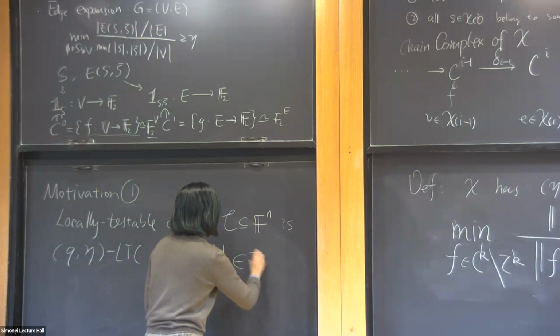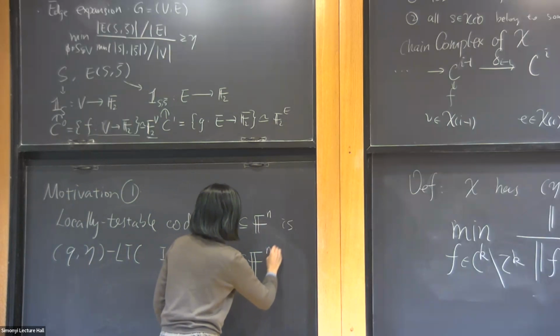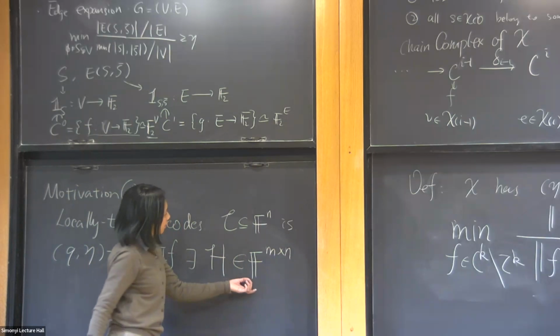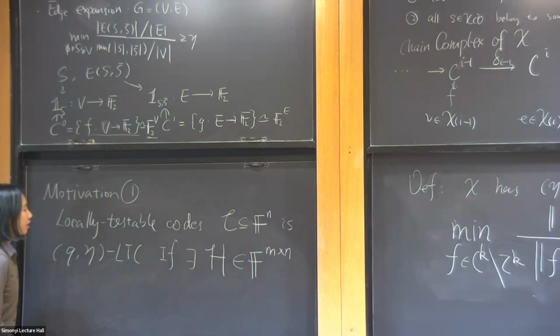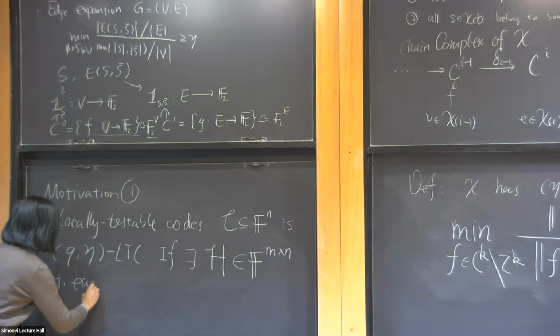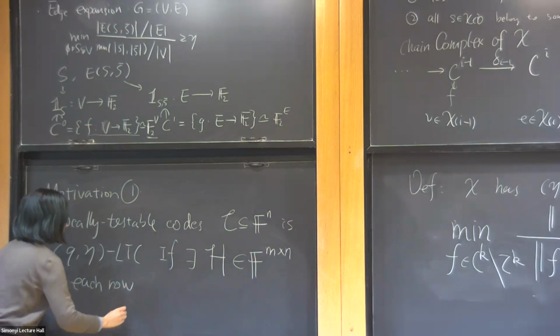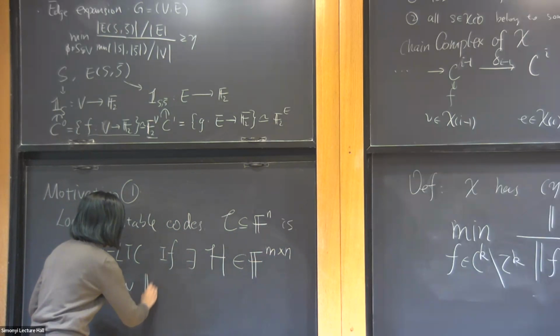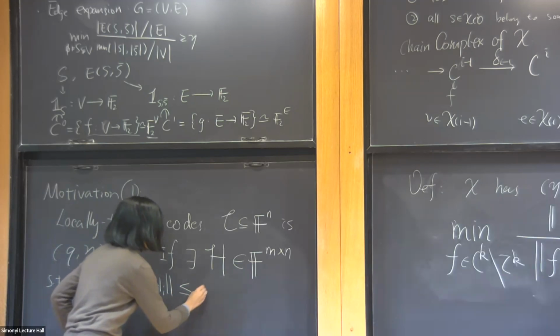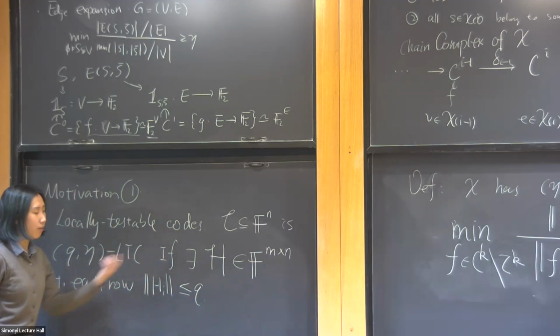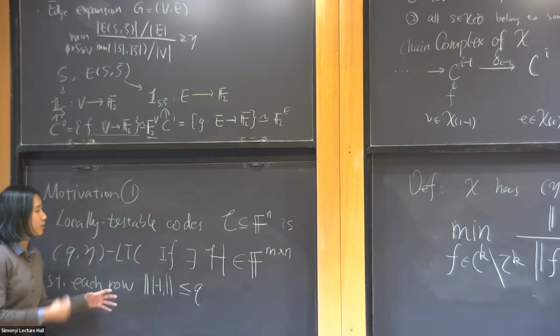So a parity check matrix would be an m by n matrix such that each row has weight bounded by Q. So each row has only at most Q non-zero elements, so it's a very sparse check.